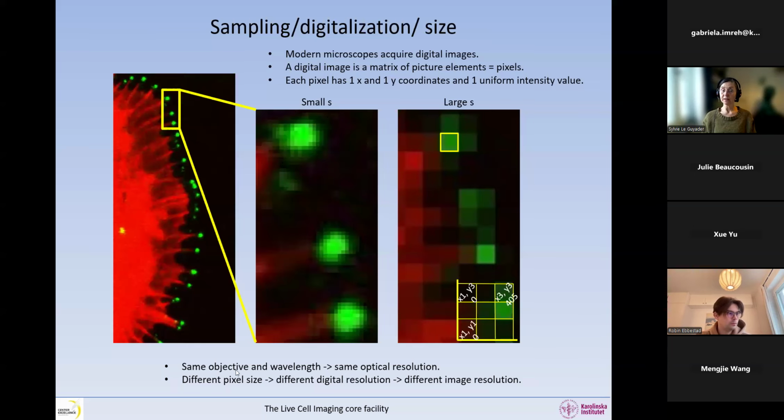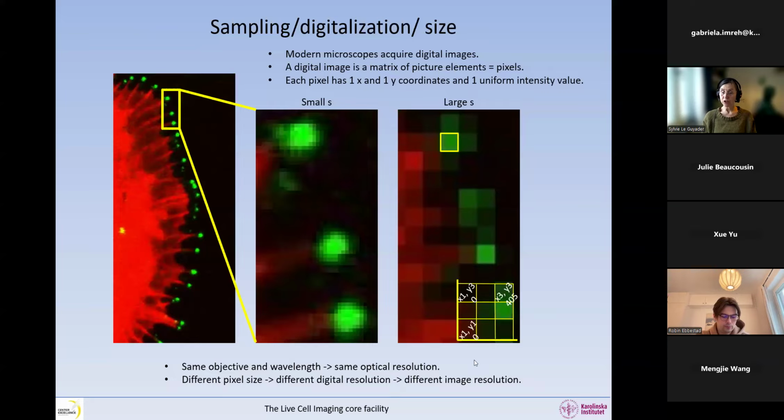So you can understand that we have here the same objective, the same wavelength, so we have the same optical resolution. We have the same sample as well, same aberrations from the sample, but we get different pixel sizes, and therefore we get different digital resolution. So the image resolution is affected as well.